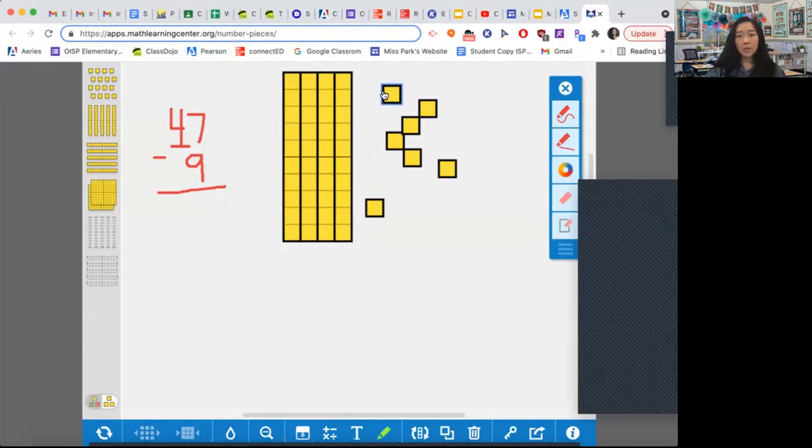I don't want them to be together. Sometimes they're like magnets. They just want to be together. 1, 2, 3, 4, 5, 6, 7. All right, so now we have 7.